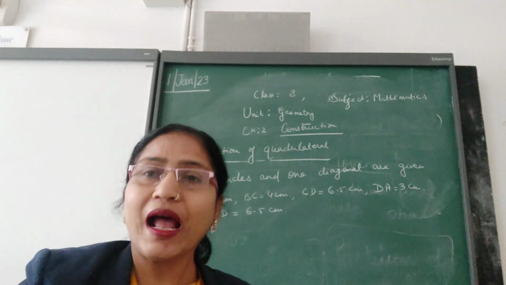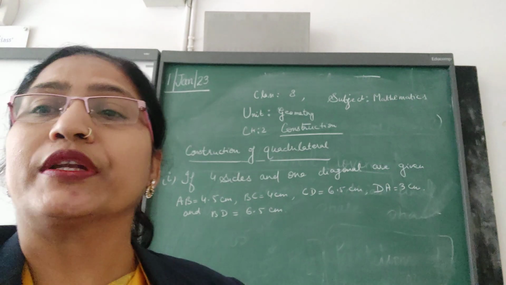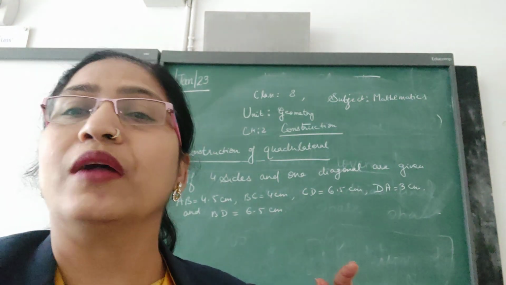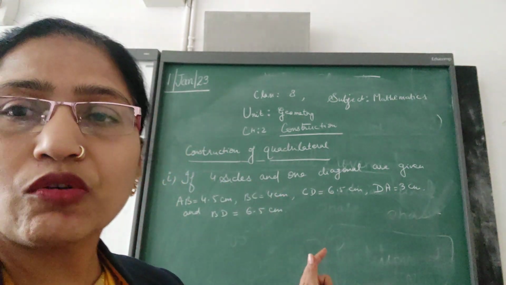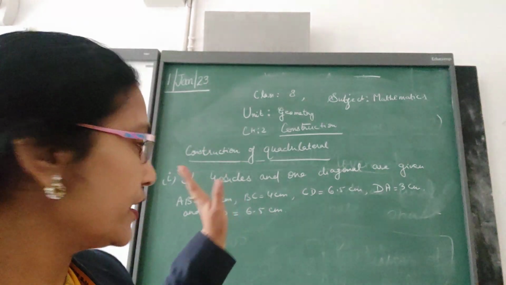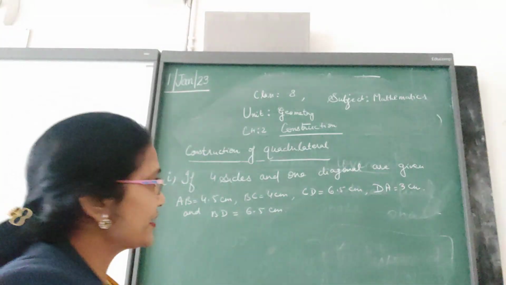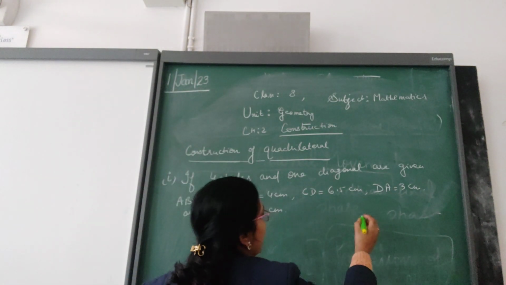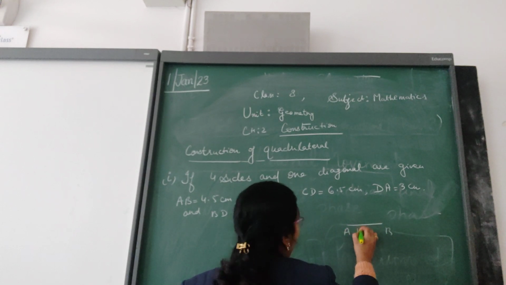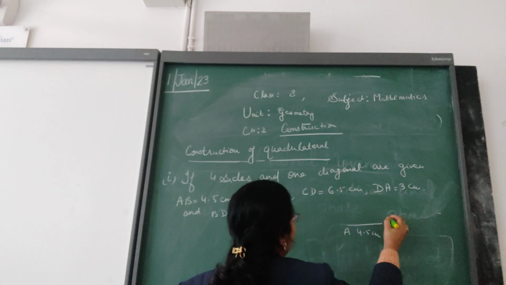So for better understanding, it is important first of all to draw a rough sketch diagram. Whatever the sides of the quadrilateral are given, you draw them and then draw the diagonal also. So the rough sketch diagram is this. AB, you have to consider 4.5 centimeter.